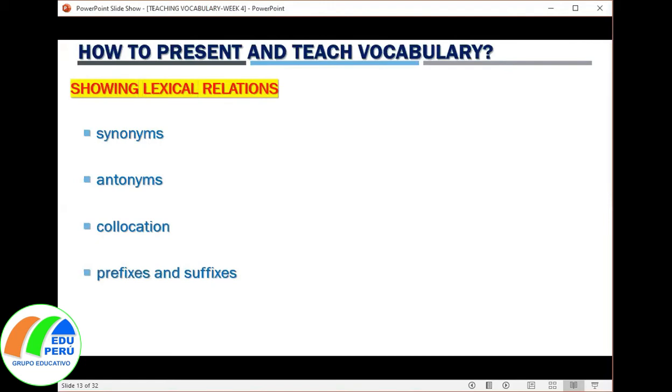Remember, when we talk about prefixes and suffixes, we are talking about word families. We are going to show this contrast between words, or words that go together. When we talk about collocations, these are words that usually go together. With prefixes and suffixes, we add some parts to a base word, and you create a new one.